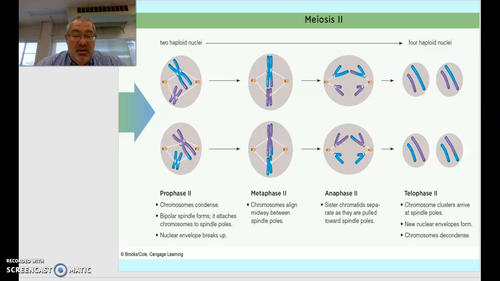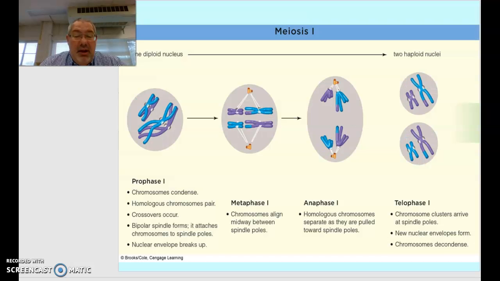In each cell, we started with 4 chromosomes in meiosis 1 in this example, 2 blue and 2 purple. And at the end of meiosis 1, we had 1 purple and 1 blue. We had 2 chromosomes. We had 2 haploid cells.